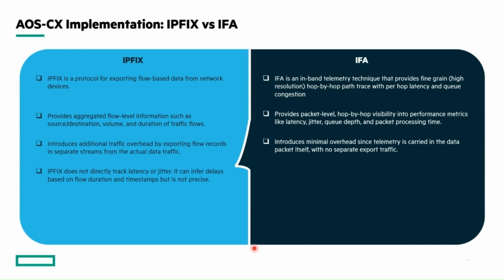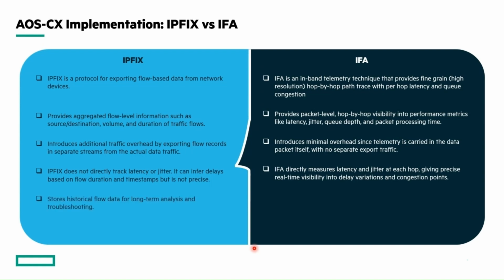Now, IPFix does not directly track latency or jitter. It can infer delays based on flow duration and timestamps, but is not precise. But IFA directly measures latency and jitter at each hop, giving precise real-time visibility into delay variations and congestion points.